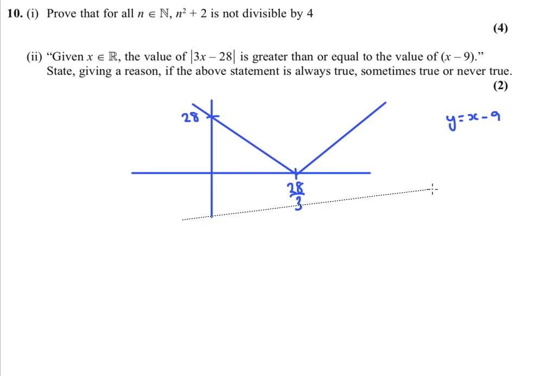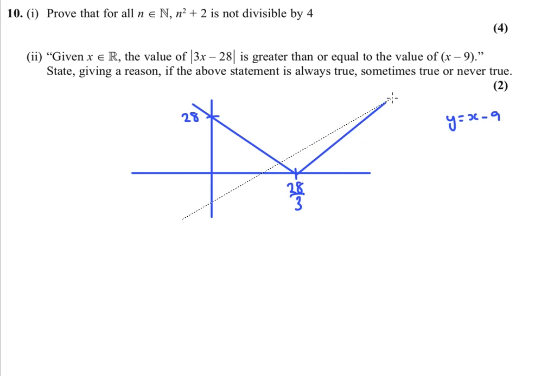It might look like this, or it might look like this. It's not going to be steeper because we know the gradient's only 1 and the gradient of the blue line is 3. So we know it's going to be shallower than this line, but how shallow? Without drawing it accurately, we're not sure.